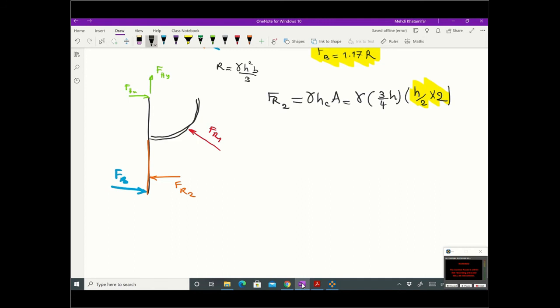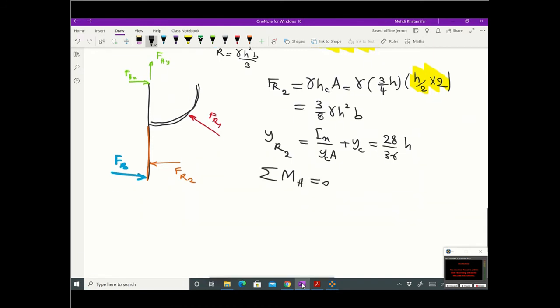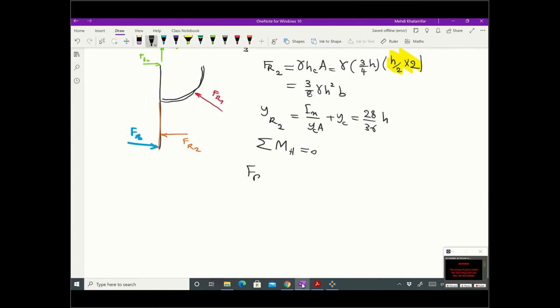So FR2 is going to be 3 divided by 8 gamma H squared B. YR2 is going to be IX divided by YC area plus YC, which, if you calculate, is 2836H. The summation of moments about the hinge is going to be equal: FR2 times the distance, 2836H, equals FB times H, and FB is going to be 0.7 divided by 8 R.